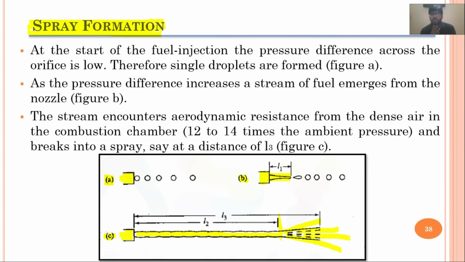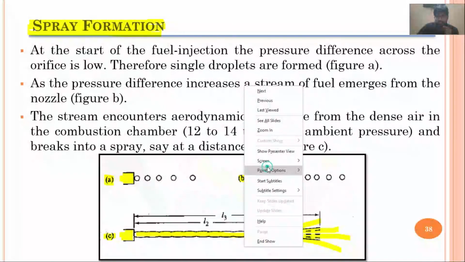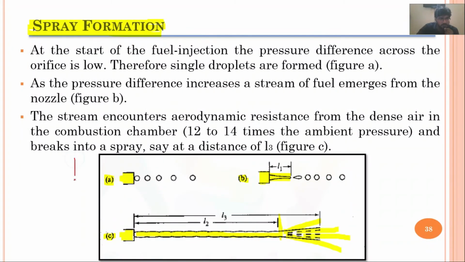So what these three figures basically represent is this: this is the fuel injection pressure, and this would be the pressure inside the cylinder, or you can say the combustion chamber.